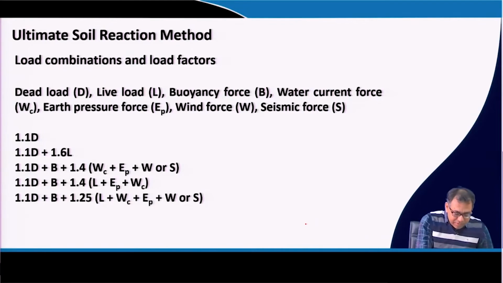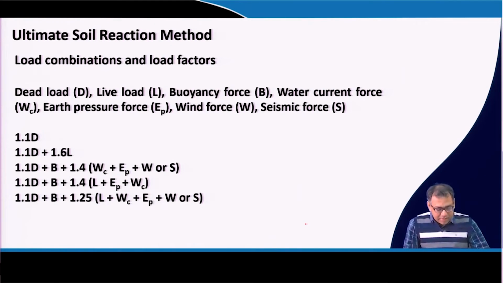Okay, now here different load factors are recommended. For the dead load, 1.1 is the load factor. Why? Because the dead load is more or less a permanent type of loading, so a load factor of 1.1 is suggested.